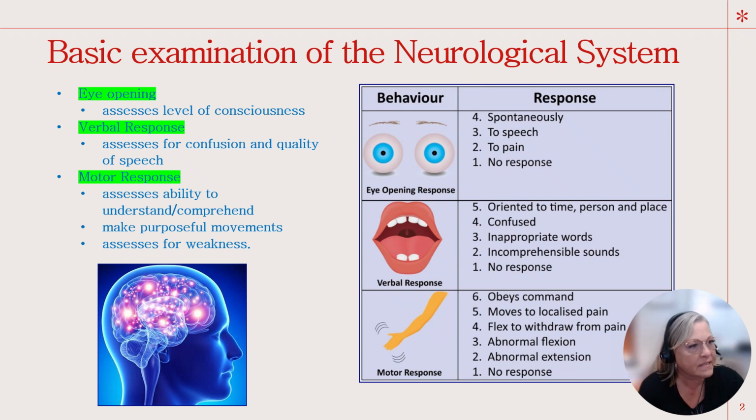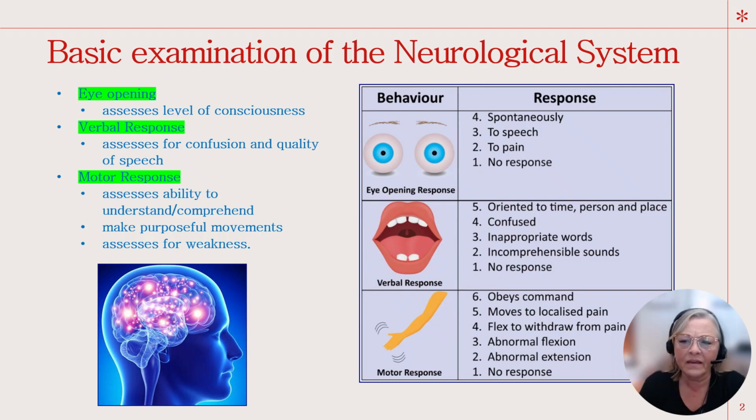There is a more extensive assessment of the neurosystem you're going to be learning when you go to Skills 3. Right now, we are doing a very basic assessment in Skills 2 to give you an early idea of the types of assessments that we can use to specifically assess abnormalities, complications, concerns in the neurological function of our patients.